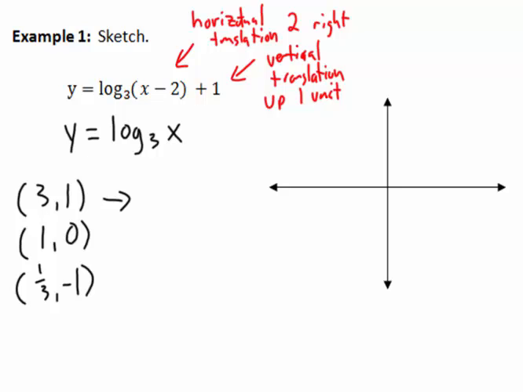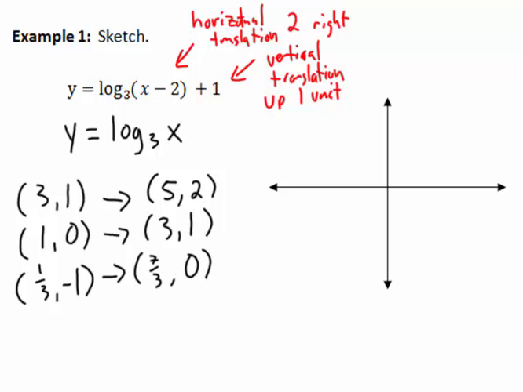Well, we just add 2 to the x. Instead of being at 3, it'll be at 5, and add 1 to the y, we'll be at (5, 2). Same thing here, add 2 will be at (3, 1), and add 2, now it's a little bit trickier with a fraction, but 1/3 plus 2 is really the same as 7/3, so we can think of it as (7/3, 1), or you can think of it as 2 and 1/3 and 1, and there are our transformed points.